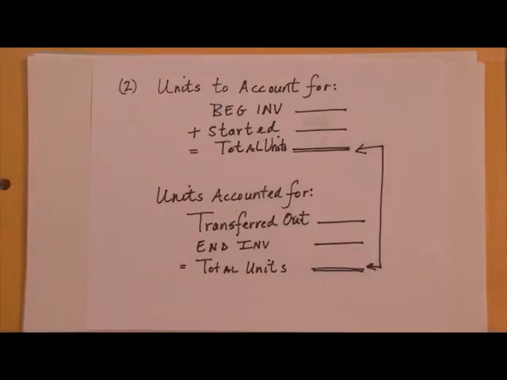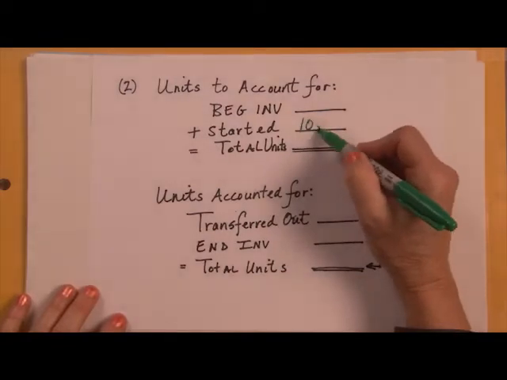If you would pull up the second question, and it relates to step 1 as well. Let's look at the units to account for here. In number 2, we are told that we started 10,000 units.